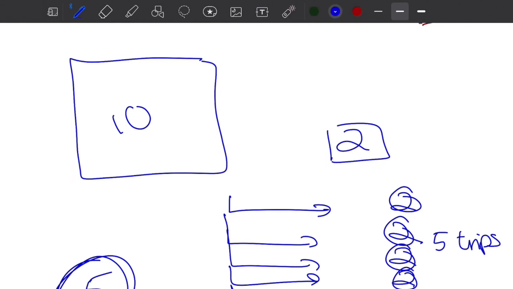Okay, well, the answer to that question is division. Okay, because what I'm doing is I'm taking a total and I'm splitting it into equal groups. That is basically the definition of division, right?